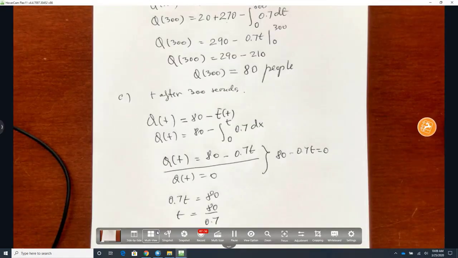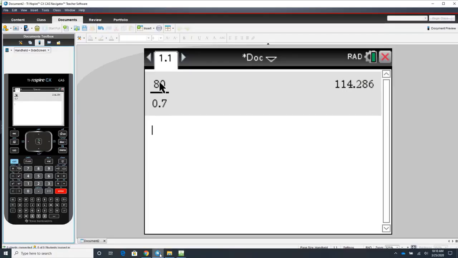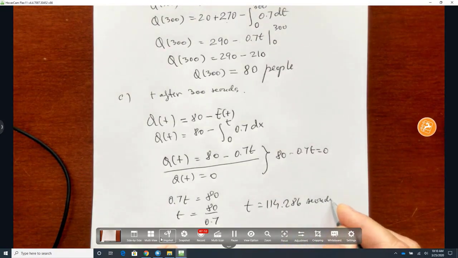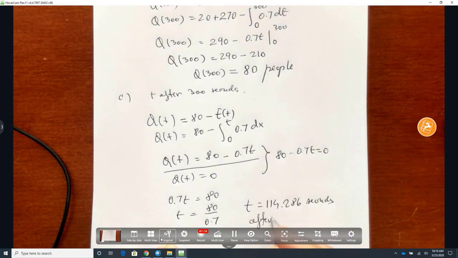Let me write it here. The time t is 114.286 seconds after 300 seconds.